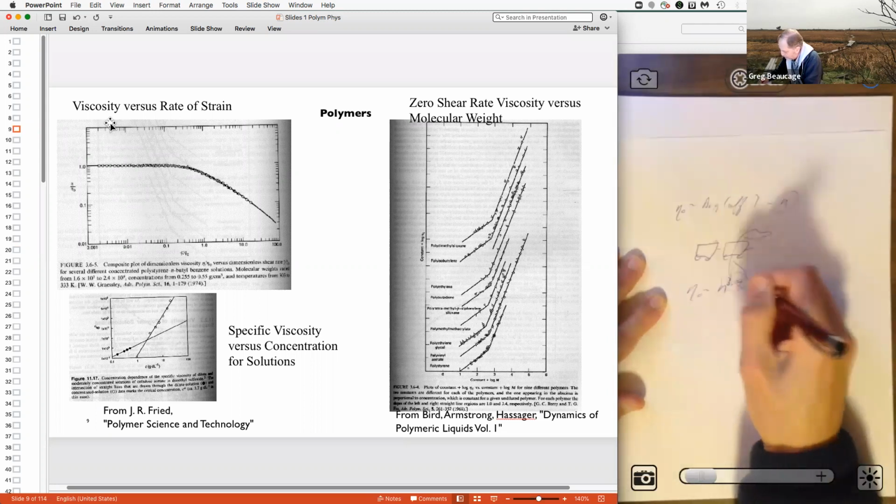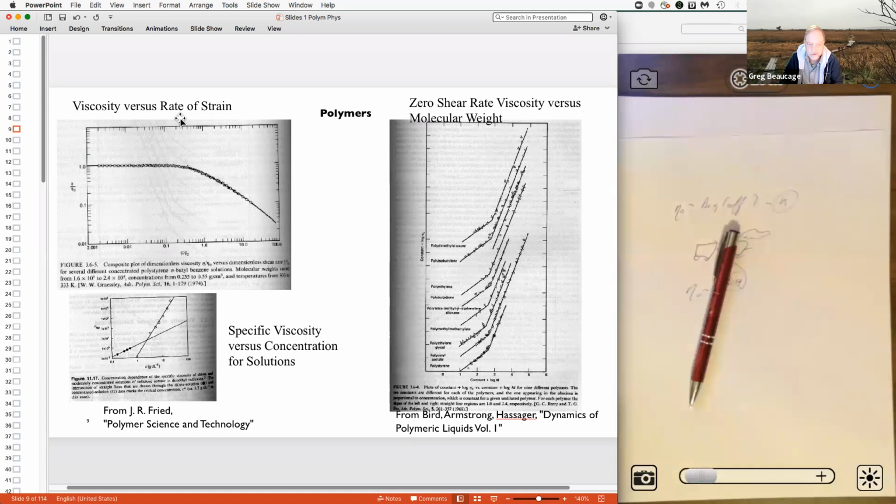So, a steep dependence, right? You can see this log plot of the plateau viscosity versus log of the molecular weight. There's a transition point, which is the entanglement molecular weight, the point where the chains can start to interact with each other and form a network. So above that molecular weight, at some time scale below this tau star, below this gamma star, the entire sample is going to be a single gel. It's going to be a single molecule.